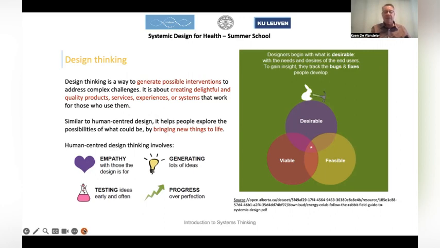Human-centered because they design for their customers and try to bring in new things that these people may be longing for, which means there needs to be, for design thinking, a lot of empathy.